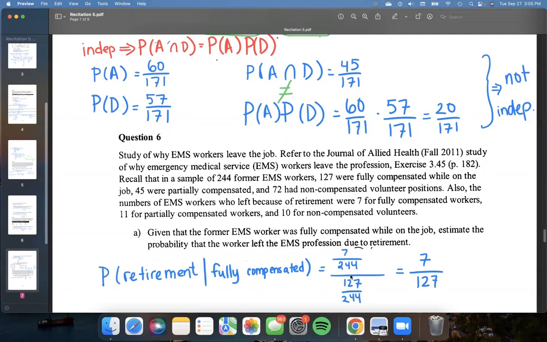And here we got 244 because the total sample size is 244. And then we're going to divide that by, given fully compensated, 127 were fully compensated. So 127 over the total, which is 244. So when you take this fraction divided by this fraction, you get 7 over 127.